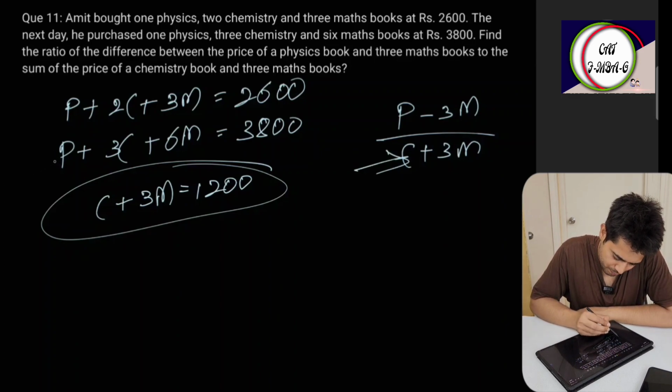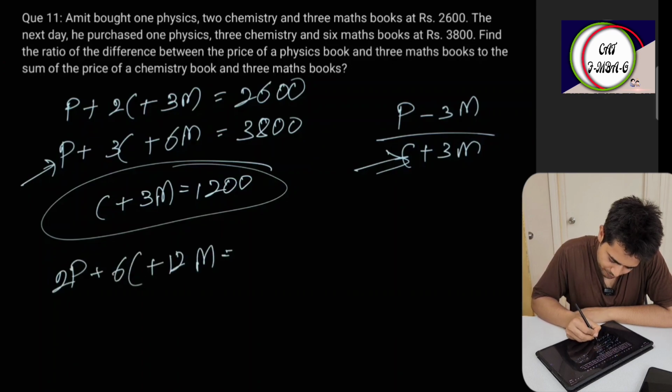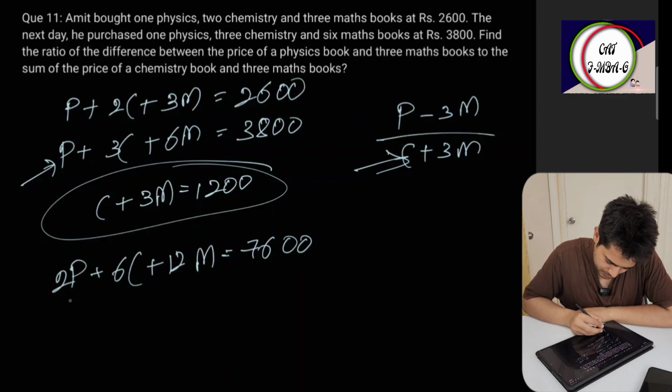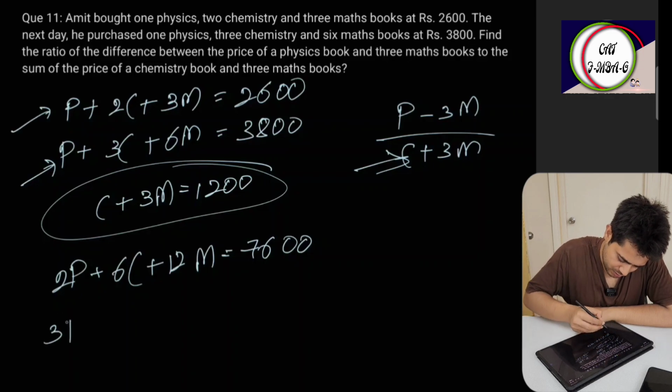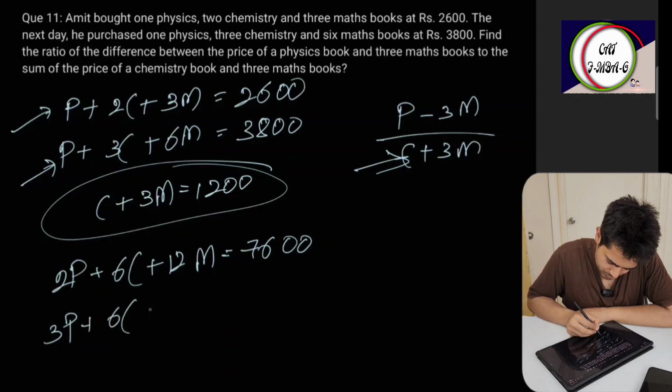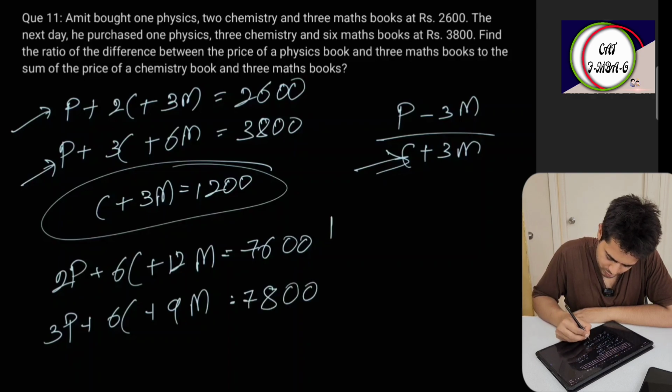So multiply equation number 2 by 2: 2p plus 6c plus 12m is equal to 7600. Then equation number 1 by 3: 3p plus 6c plus 9m is equal to 7800.